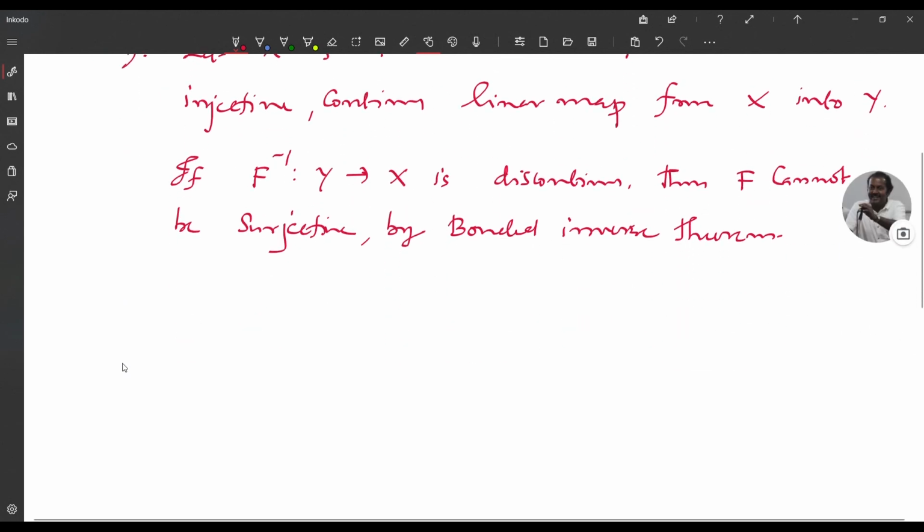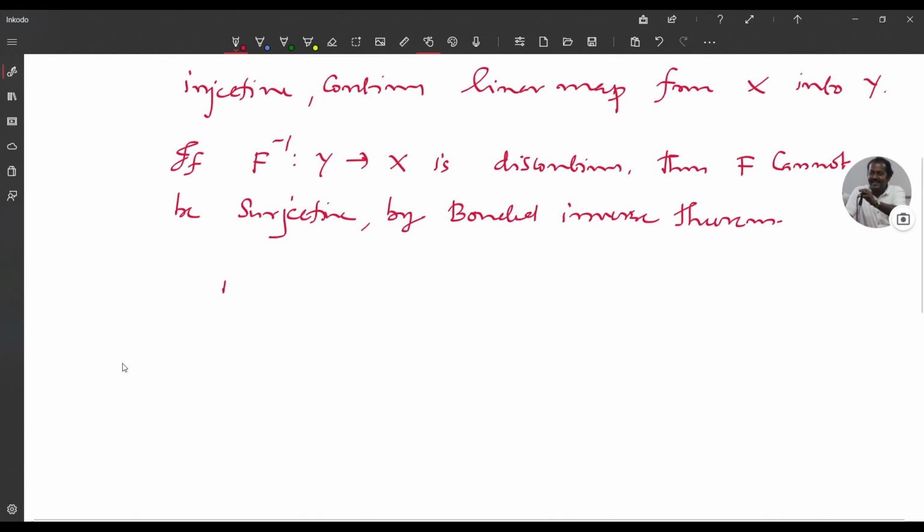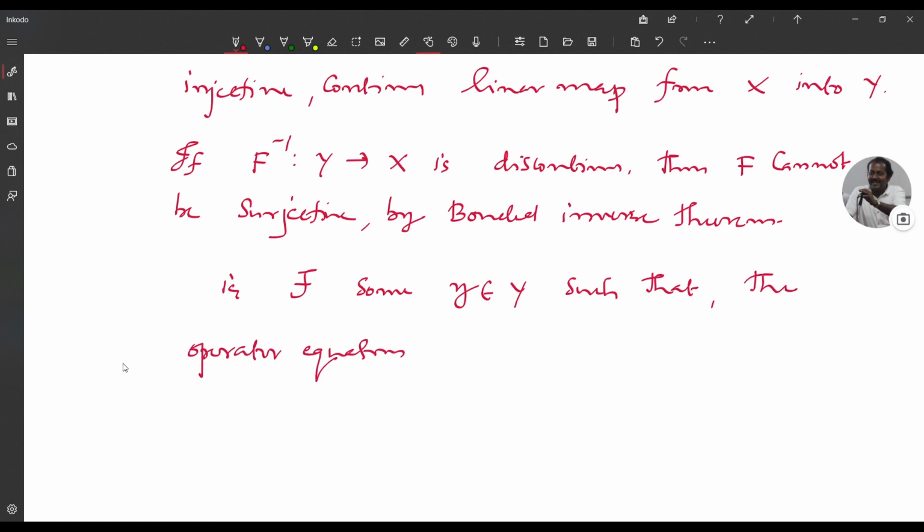That is, there exists some y in Y such that the operator equation f of x equal to y has no solutions in X. So this is one application to operator equations.